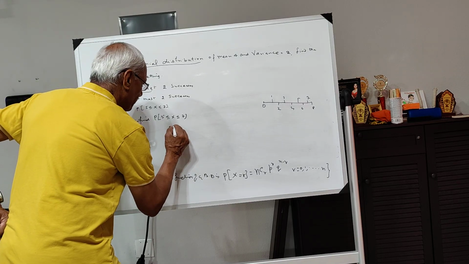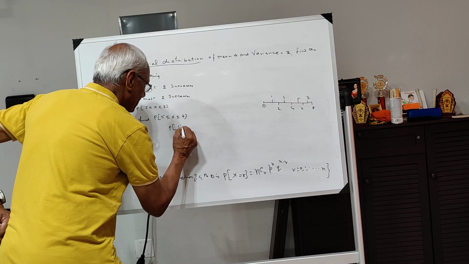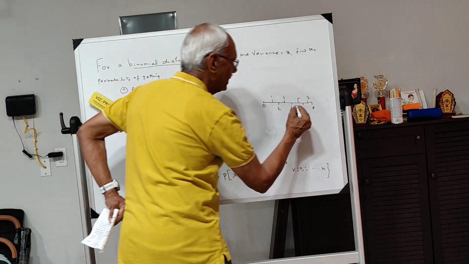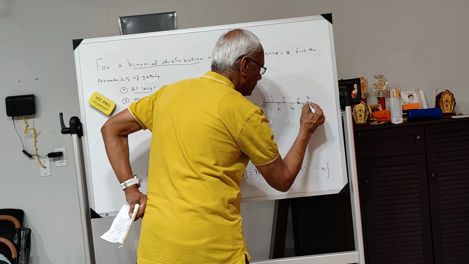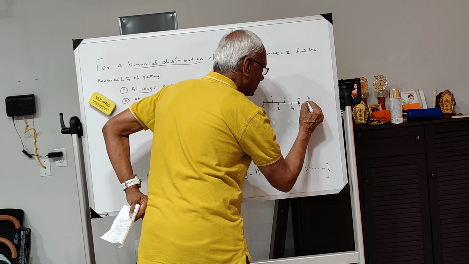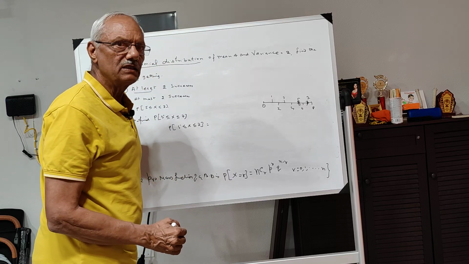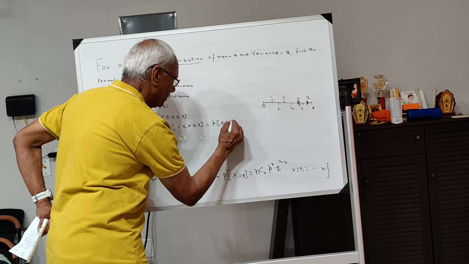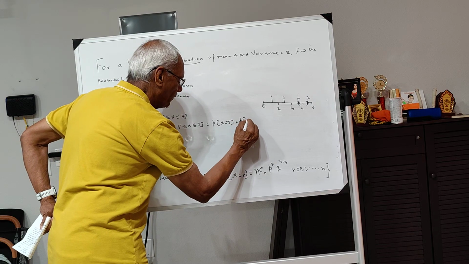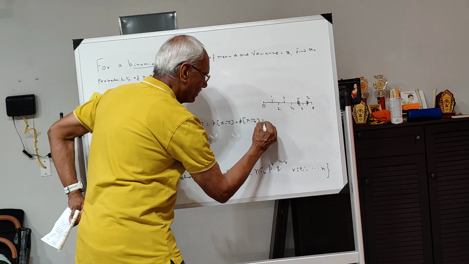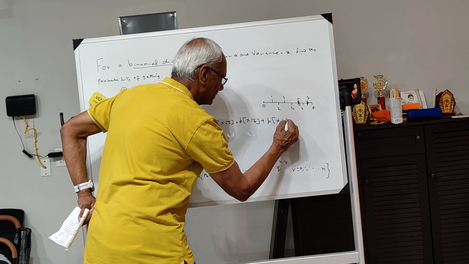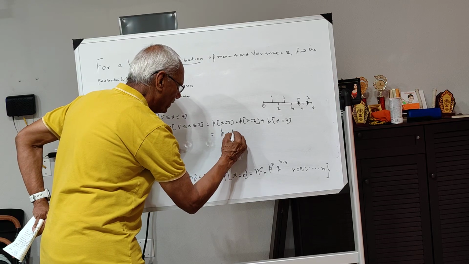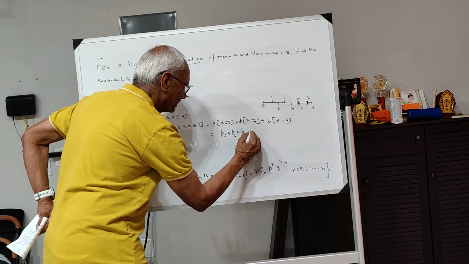That means including 5 and 7. So this will be equal to P of x is equal to 5 plus P of x is equal to 6 plus P of x is equal to 7. Another form of writing is P of 5 plus P of 6 plus P of 7.